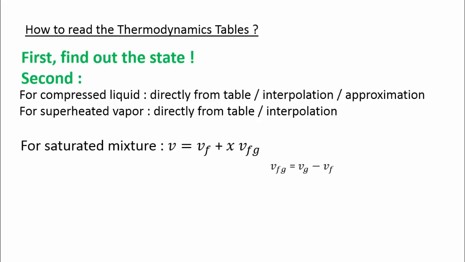This formula will be very helpful. Also, in the same case, if you need to find the internal energy and the enthalpy for a saturated mixture, you can use the same formula, just substitute the v with u, but the quality remains the same. Also, you can use this equation to find your quality if the internal energy of this state is given.